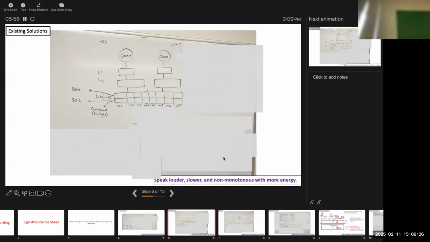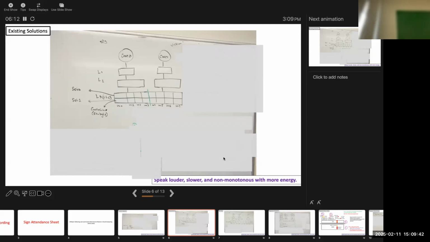Just to give you some nomenclature about caches, if you don't know: caches are divided into multiple sets. For example, in this very simple example, we have only two sets, set 0 and set 1.